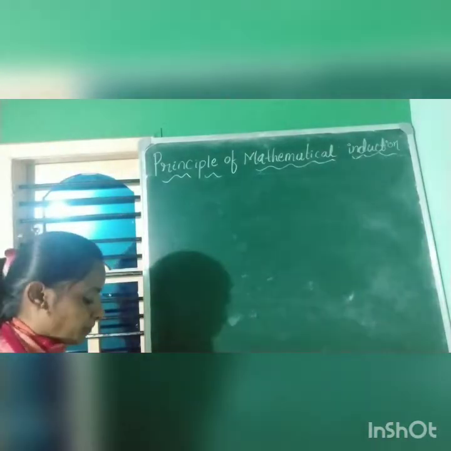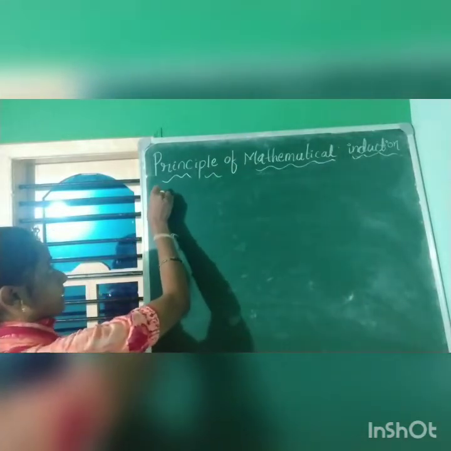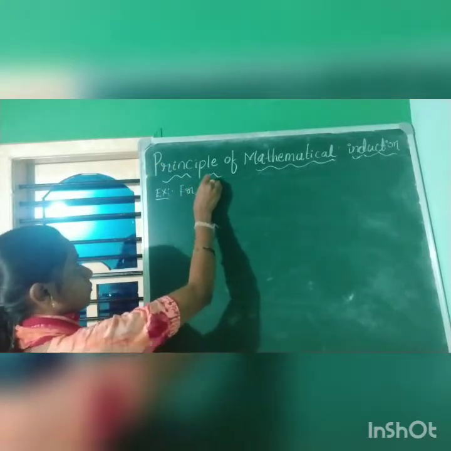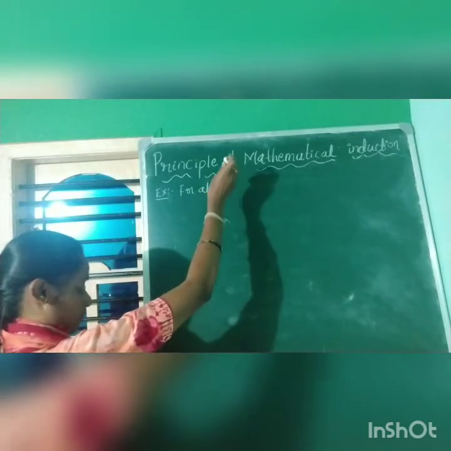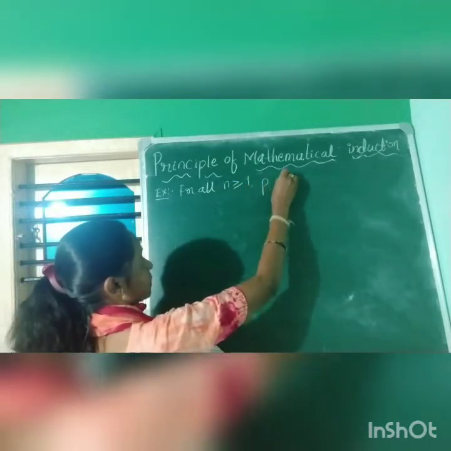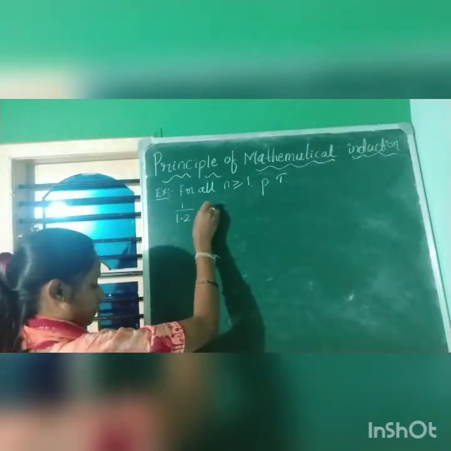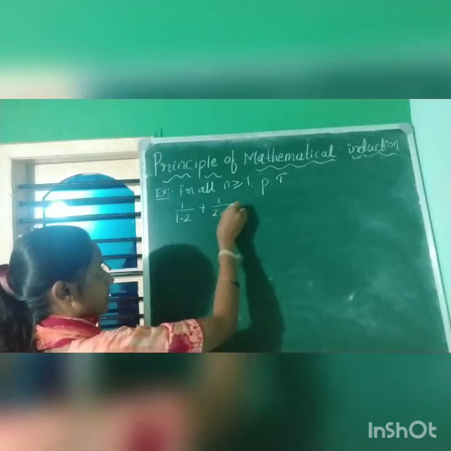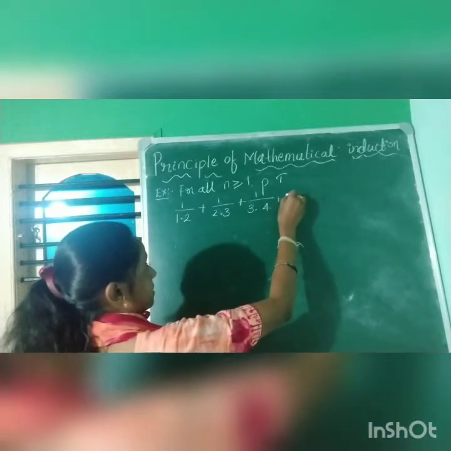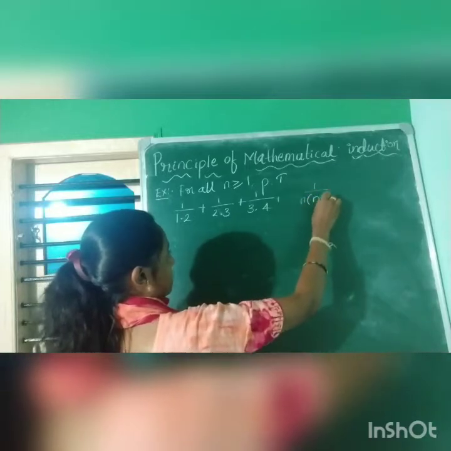That is, for example, for all n greater than or equal to 1, prove that 1 divided by 1 into 2 plus 1 divided by 2 into 3 plus 1 divided by 3 into 4 plus etc. The last term is 1 divided by n into n plus 1.